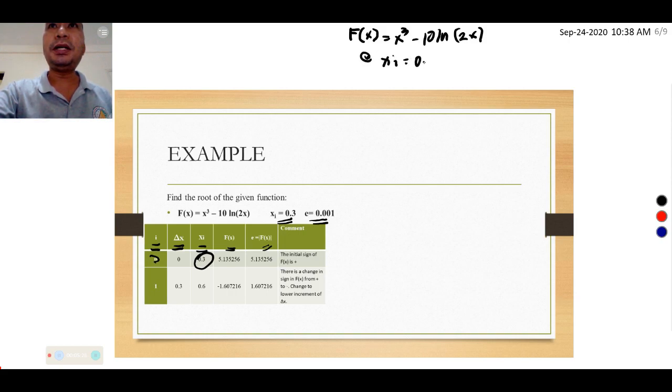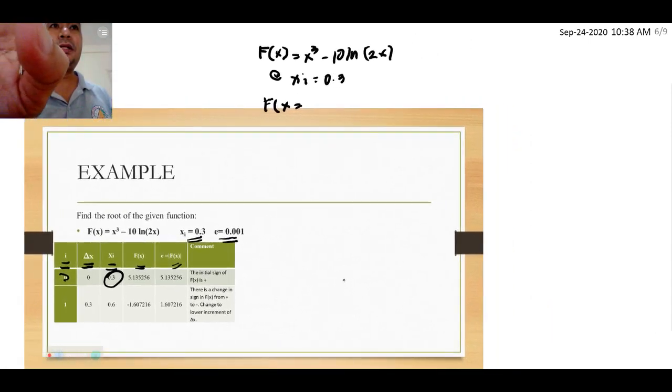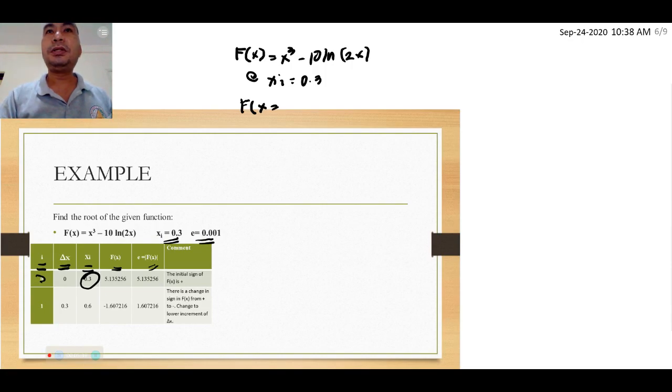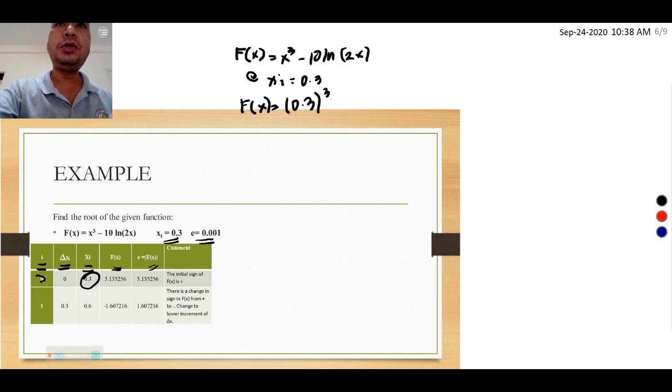So if we substitute the value of x which is equal to 0.3, our function of x will be equal to 0.3 quantity cubed minus 10 ln of 2 times 0.3.